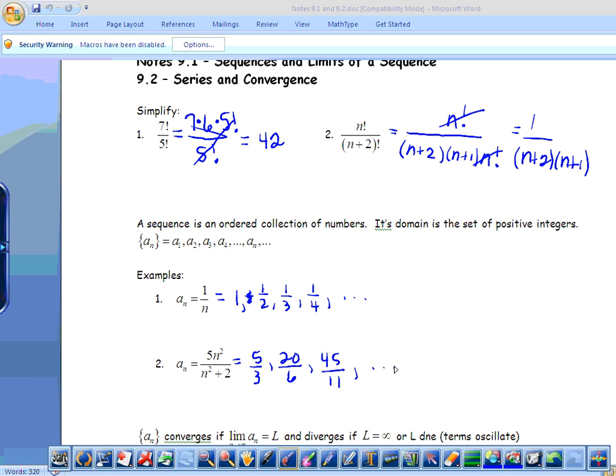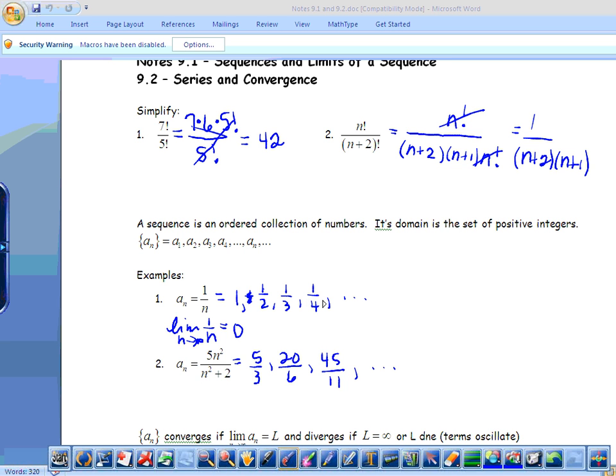All right, so let's find the limit of these two. The limit as n approaches infinity of 1 over n equals what? 0, right. 1 divided by infinity is 0. What that means in terms of the sequence is that those terms way out when n is really, really big are approaching 0.